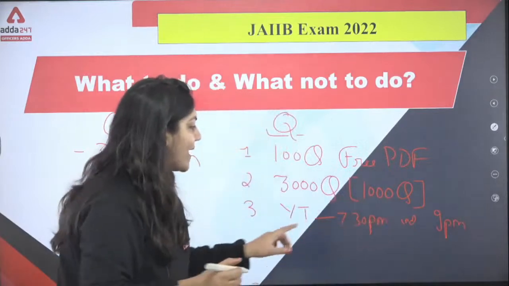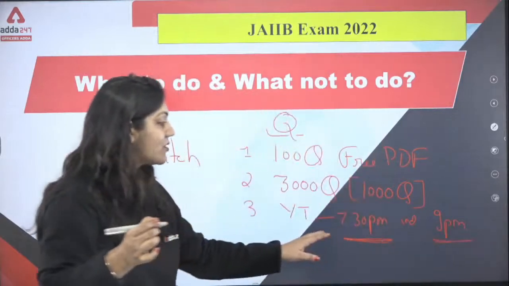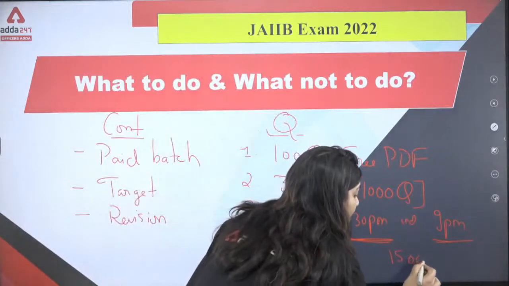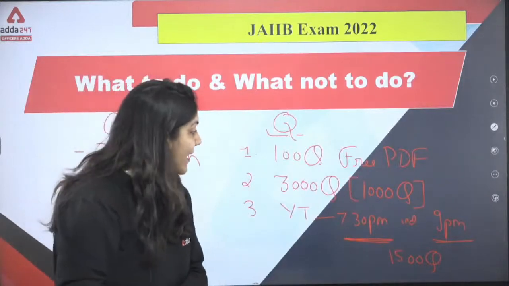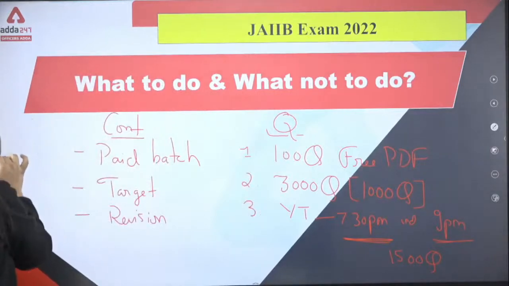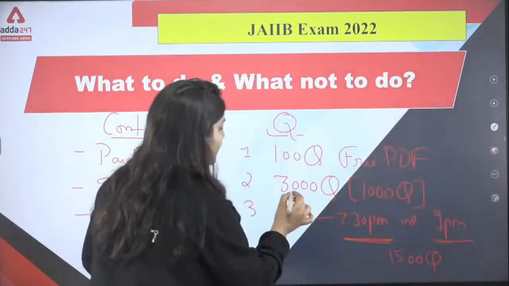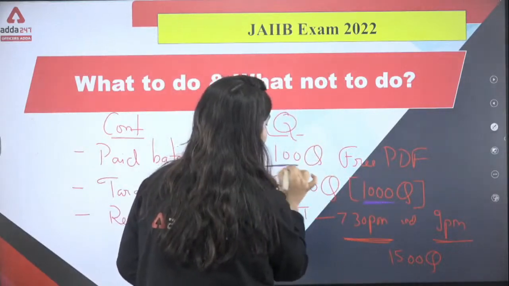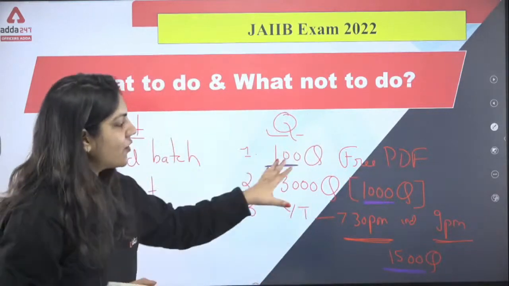You have to revise all the sessions of 7:30 PM and 9 PM, because we have already done, I think, 1500 plus questions in these 7:30 PM and 9 PM batches. So these questions are sufficient for your revision.